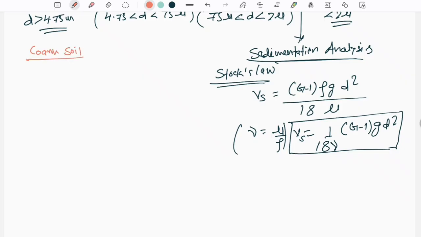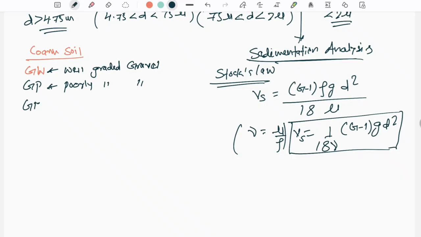Now coarse soil is further classified as well graded soil and poorly graded soil, like well graded sand, poorly graded sand, and so on. There is a symbol used for this classification system, like GW. GW is well graded gravel. Like that, GP is poorly graded gravel.